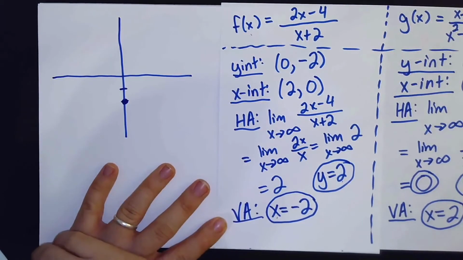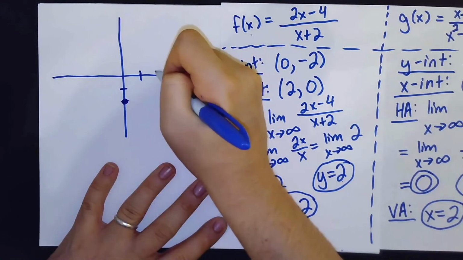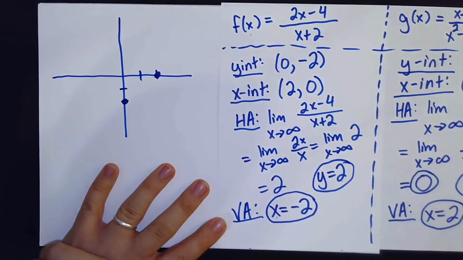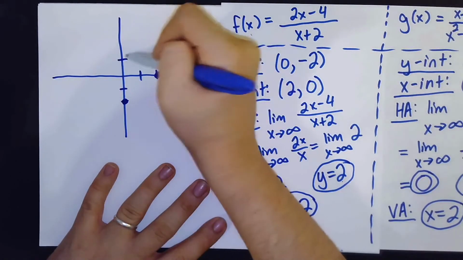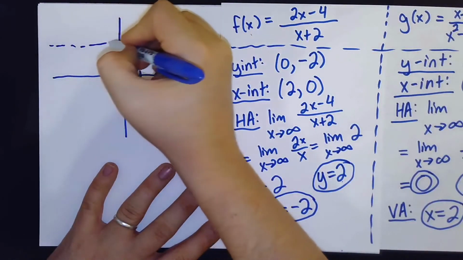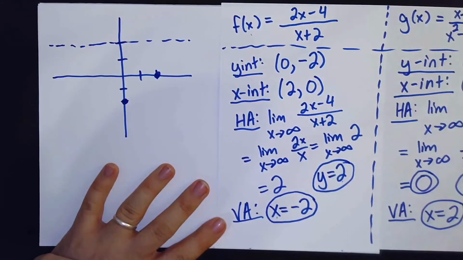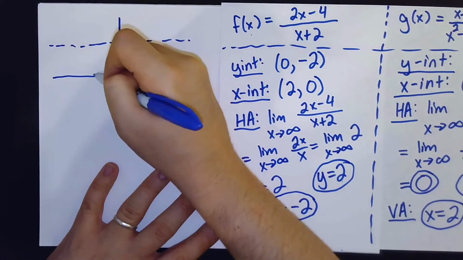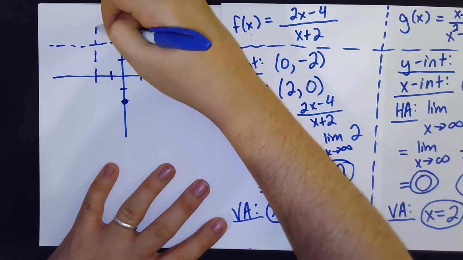So that's on the graph. I've got an x-intercept at 2. So that's on the graph. I've got a horizontal asymptote of y equals 2. And I've got a vertical asymptote of x equals minus 2, which is that.